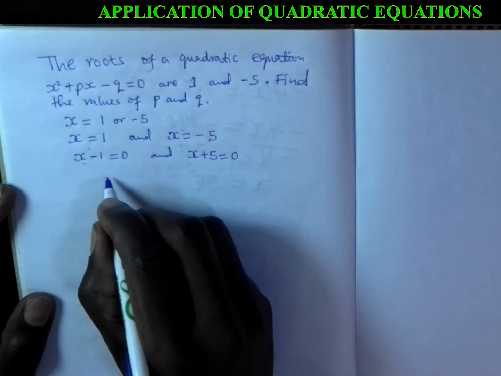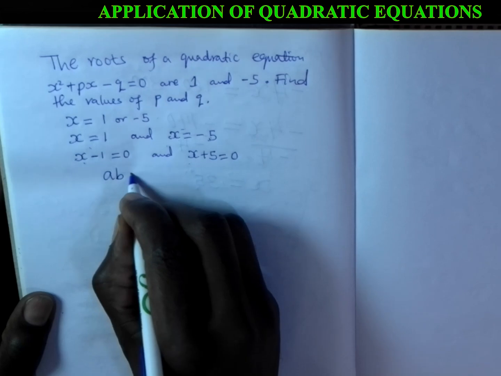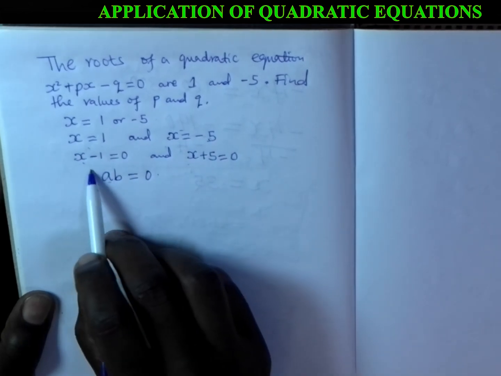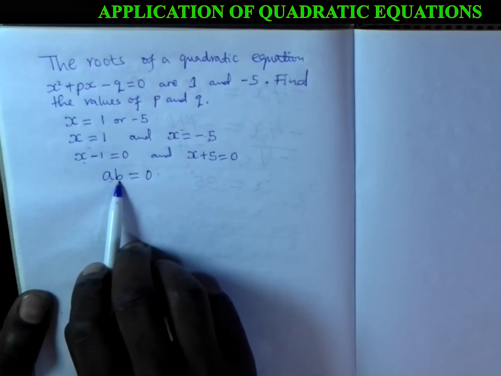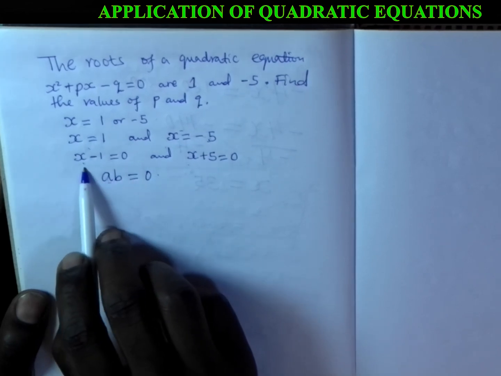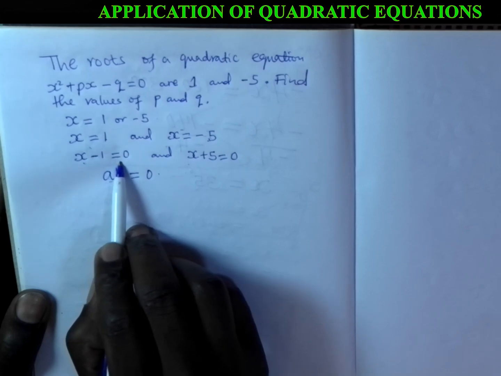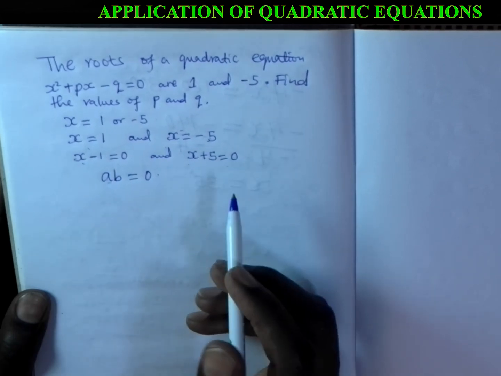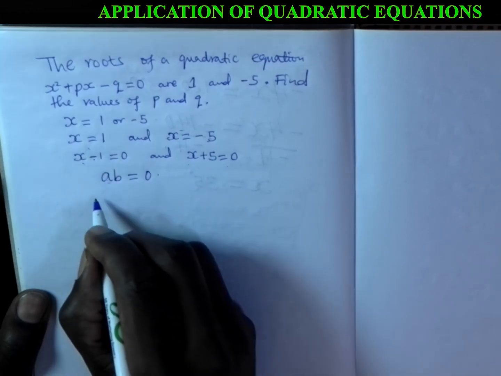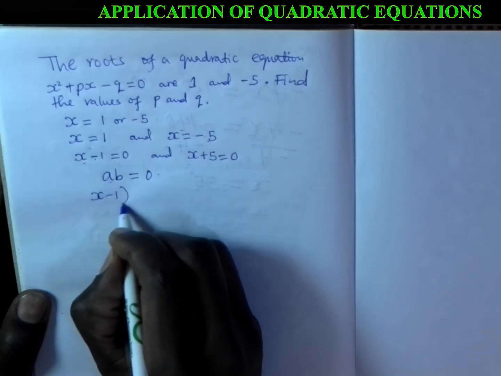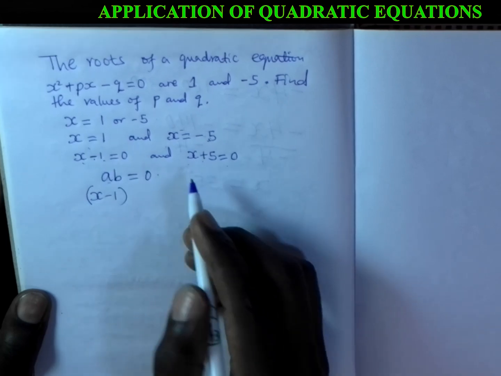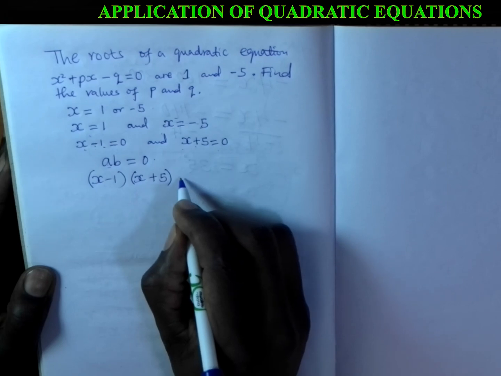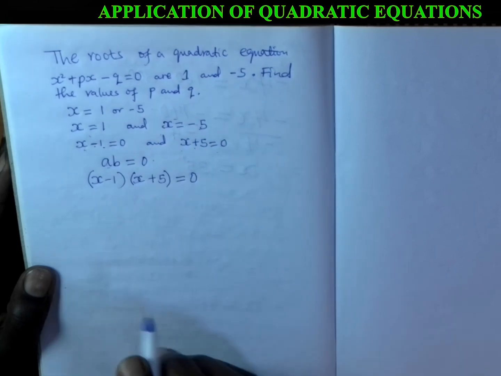Note that when any two numbers a and b are multiplied and the product is equal to 0, either a is 0 or b is 0. The same case applies to x minus 1, which is 0, and x plus 5, which is also equal to 0. So if we multiply the two, x minus 1 multiplied by x plus 5, we end up getting 0.